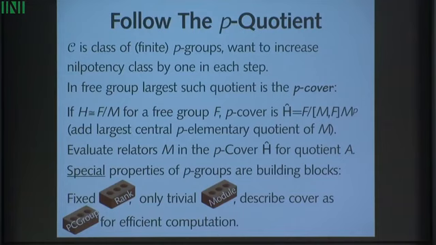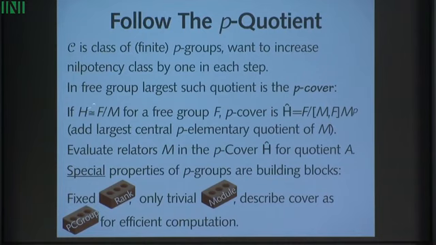So let's look briefly, what does the p-quotient algorithm do? The assumption there is we work in the class of finite p-groups. We have a quotient, and we want to find a new quotient which is larger, where the nilpotency class is one larger. And there one can actually define the largest such quotient, and that's what is called the p-cover.